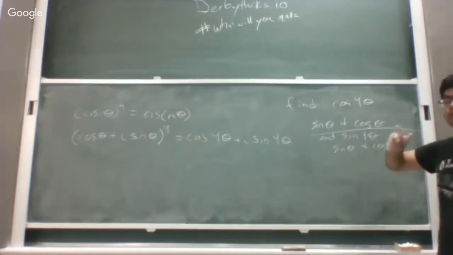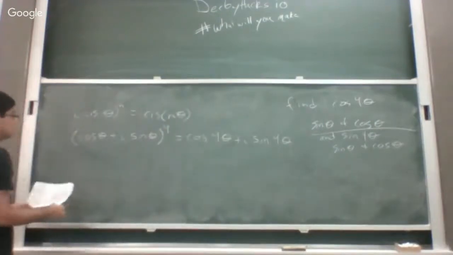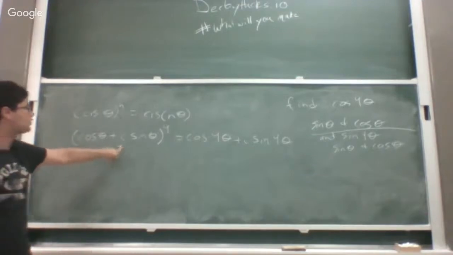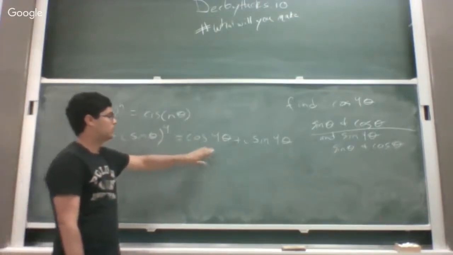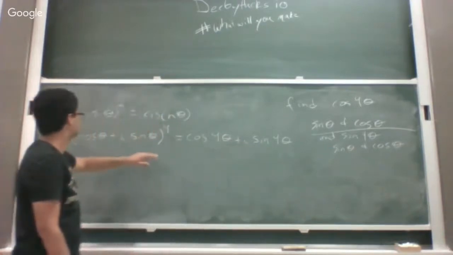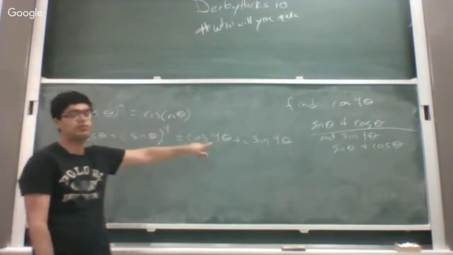So two things. Your n value is 4. So you have cosine theta plus i sine theta to the 4th power, and then cosine of 4 theta plus i sine of 4 theta, where n is equal to 4 again, so you have 4 theta.